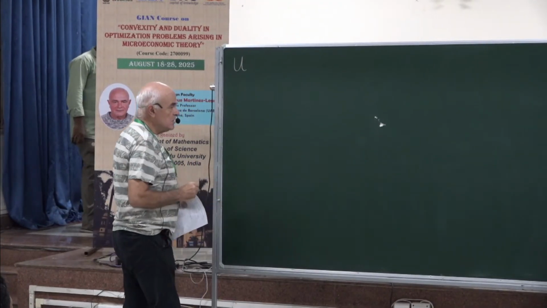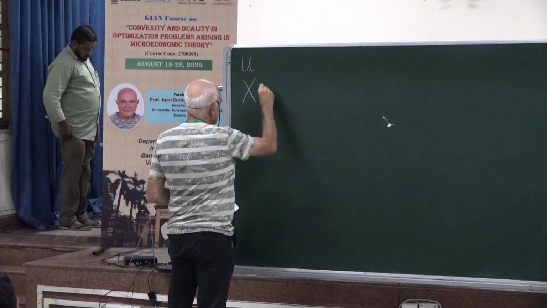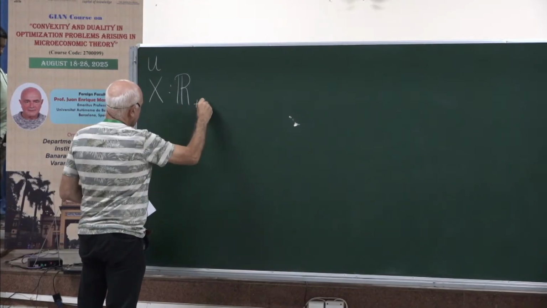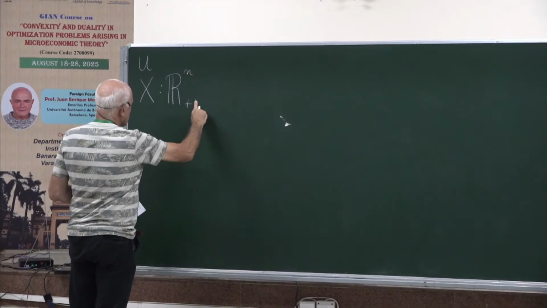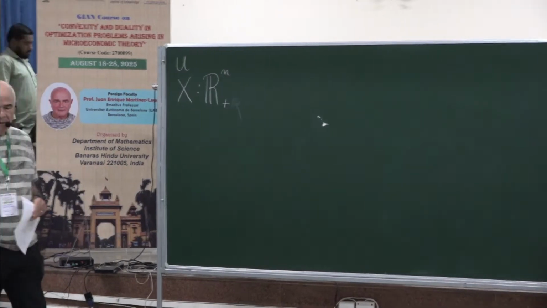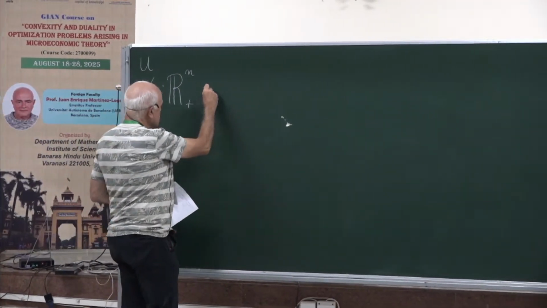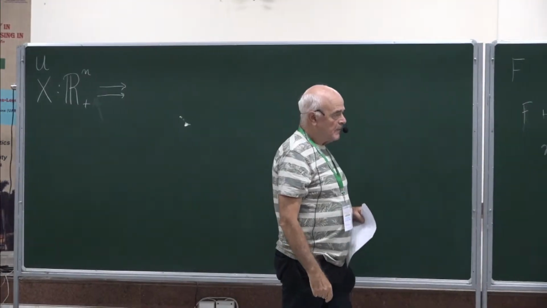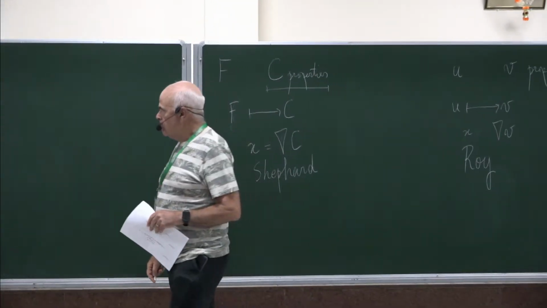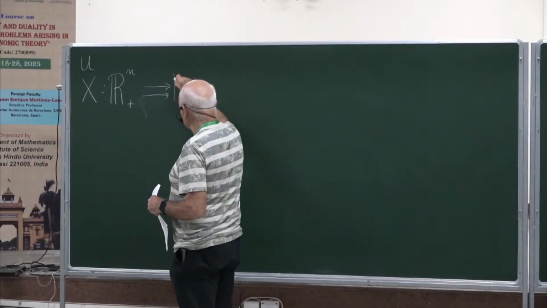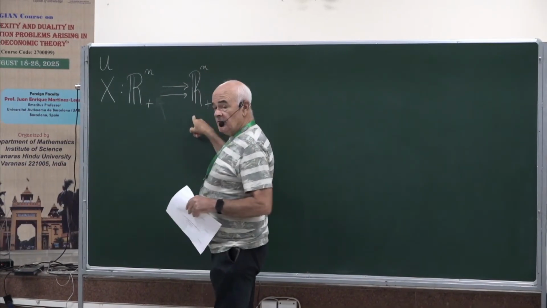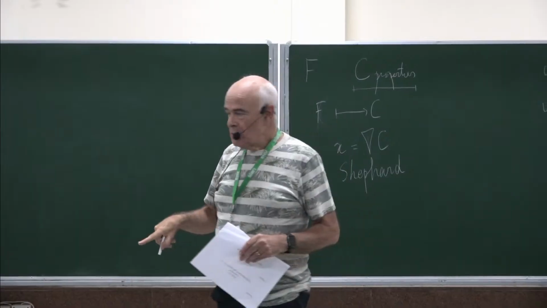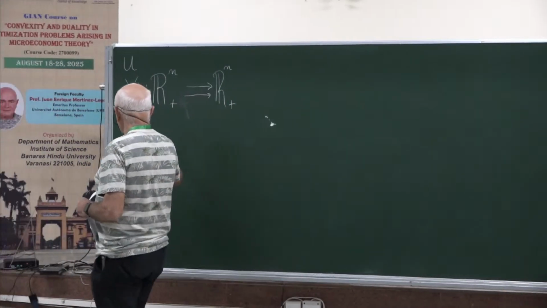Then associated to this U, I consider the so-called demand correspondence defined from the set, now prices are allowed to be 0 in this context, it is a set valued map from the set of price vectors into itself, but now regarded as the set of consumption bundles.